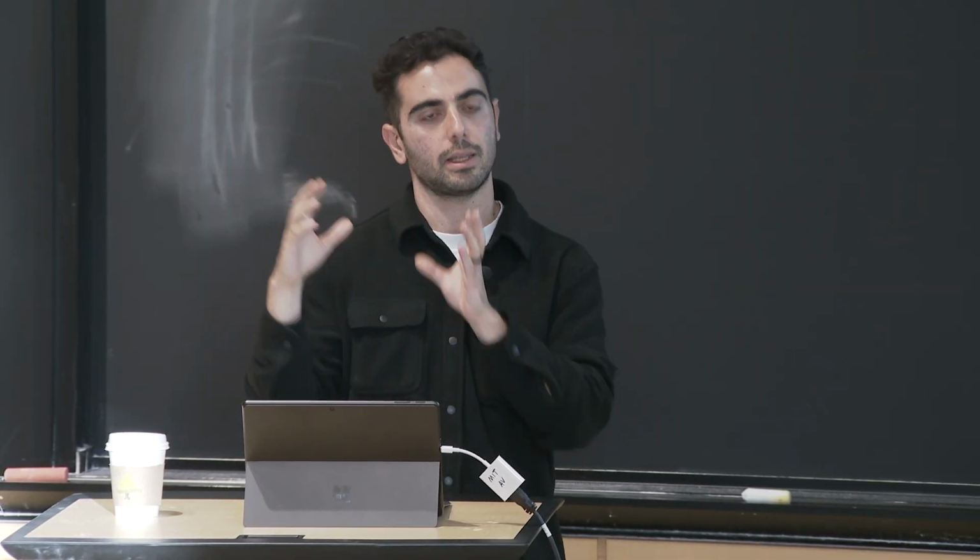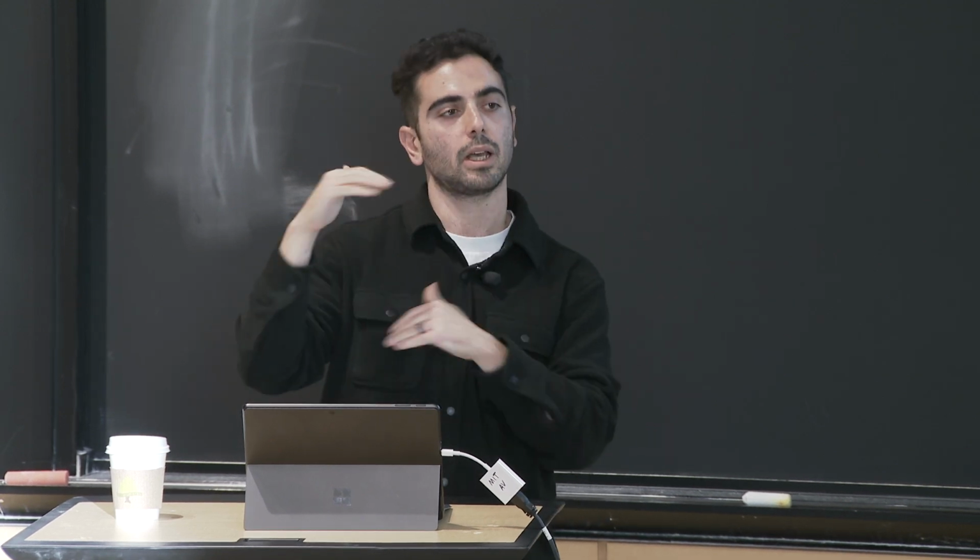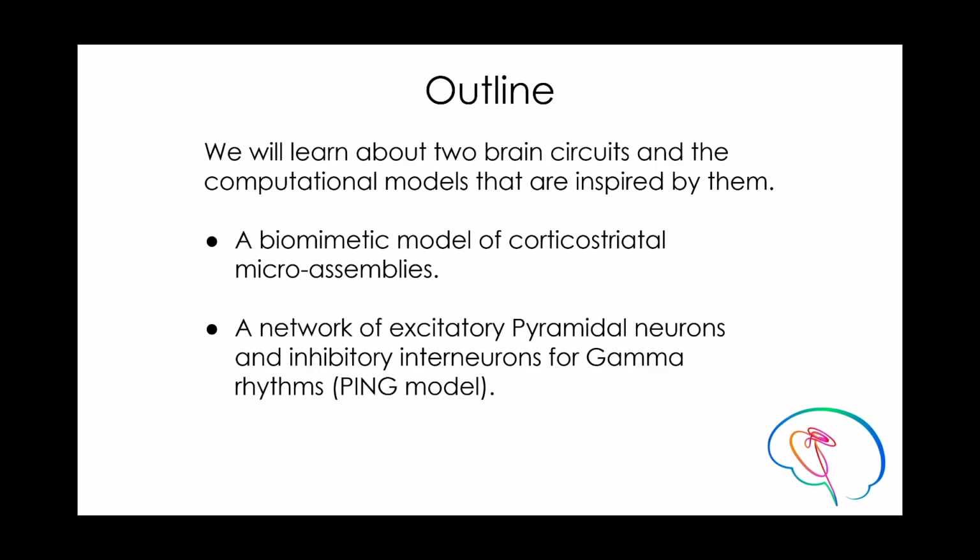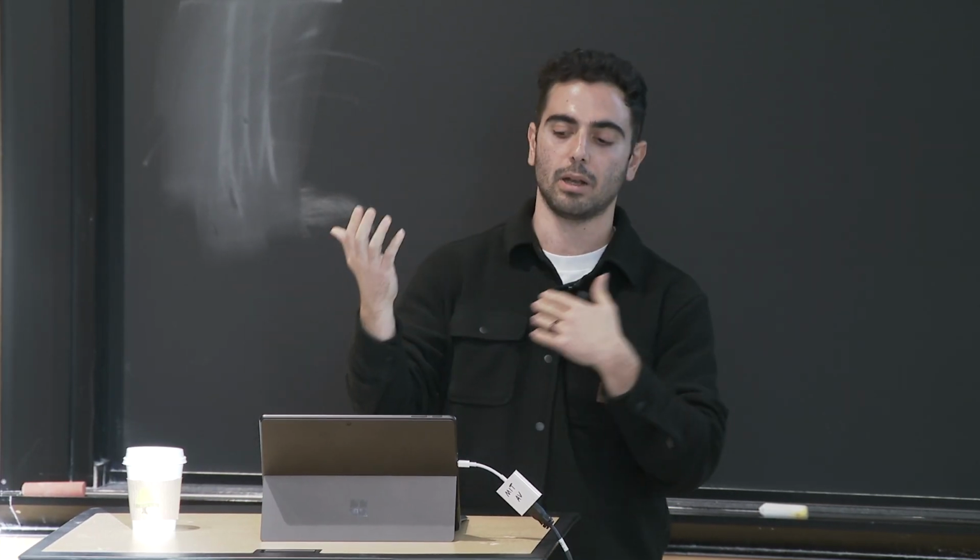Today you will build a subset of that model, and you will see how the hierarchical structure in NeuroBlox actually works. And the second example is a PING model, and PING stands for pyramidal interneuron gamma rhythms. That's a network of pyramidal neurons and interneurons interacting with each other and generating gamma rhythms.